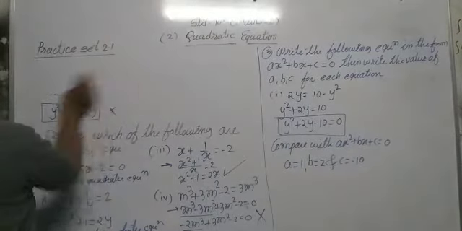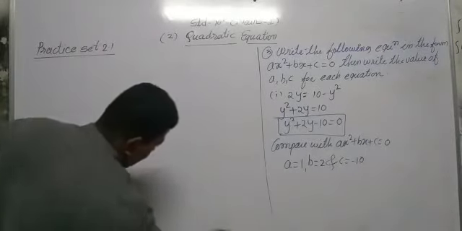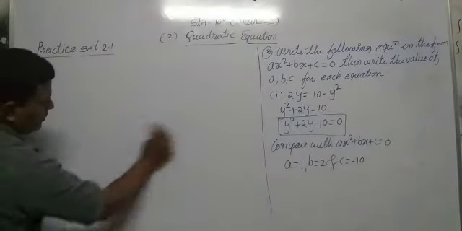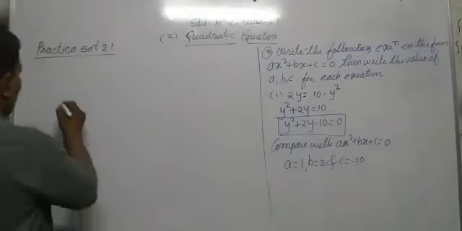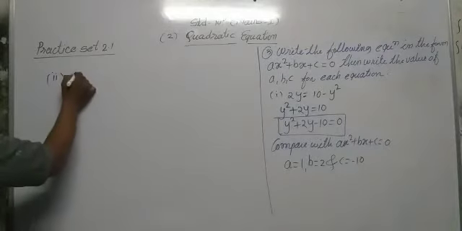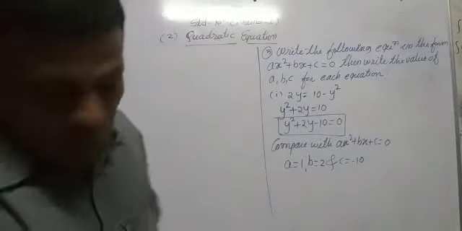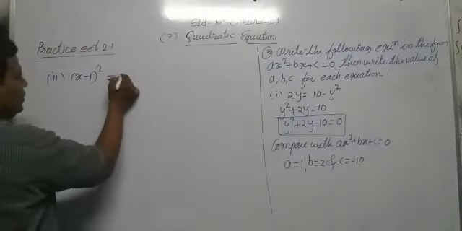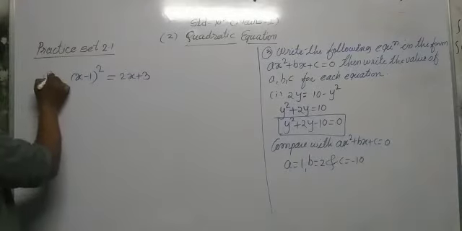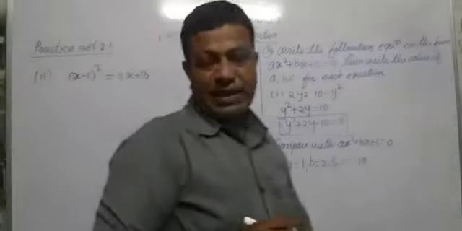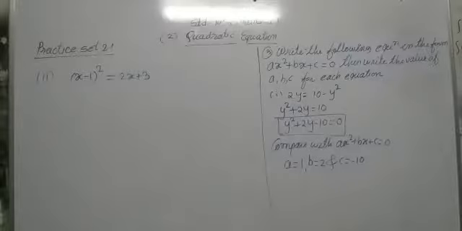Now second example we see here. Second example: x minus 1 bracket square is equal to 2x plus 3. We want to solve that example now. X minus 1 bracket square. Now to solve that we use the expansion formula of a minus b bracket square.